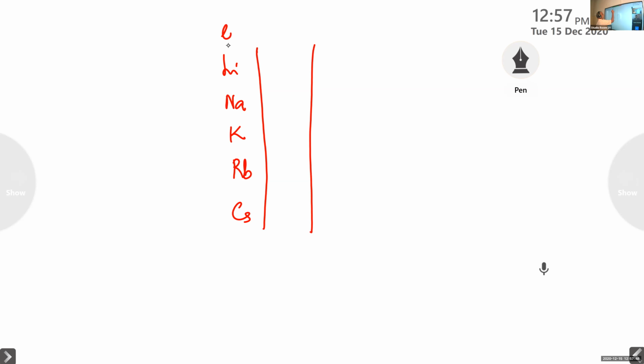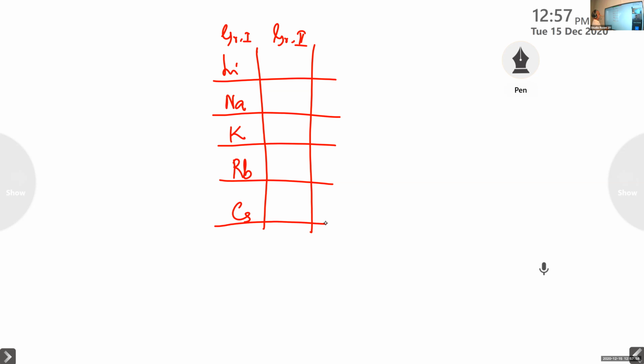This is group one, and this is group two. Say you take these two groups. After lithium, there is beryllium in group two. Then after sodium, there is magnesium in group two.